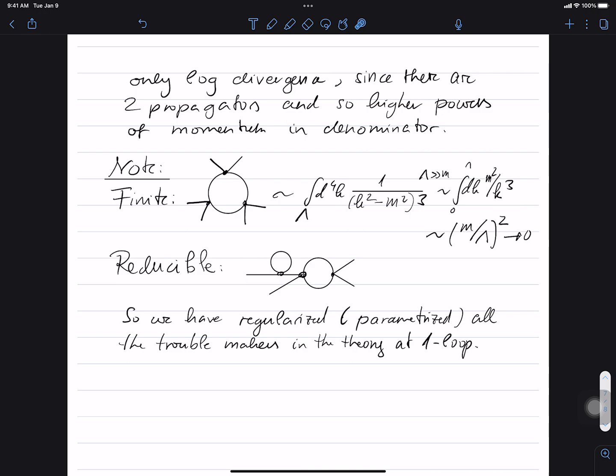Integrating it from 0 to large lambda gives us actually 1 over k squared, right? So sending k to lambda, we have something that goes like 1 over lambda squared, and sending lambda to infinity, this expression goes to 0. So this 3 to 3 amplitude is 0, which is fine.